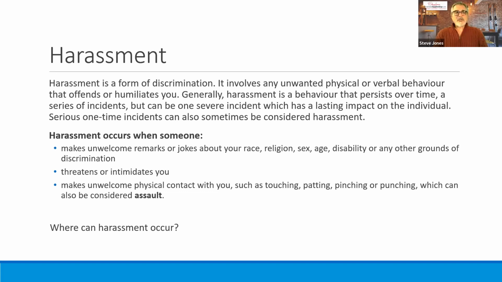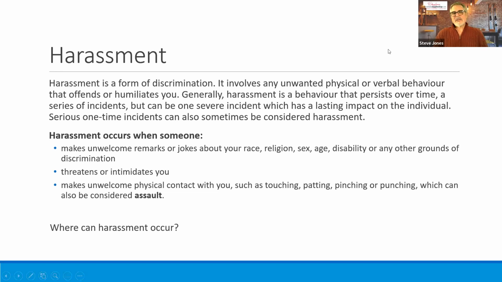So harassment occurs when someone makes unwelcome remarks or jokes about religion, race, sex, age, disability, or other grounds for the 11 grounds that are prohibited for discrimination.